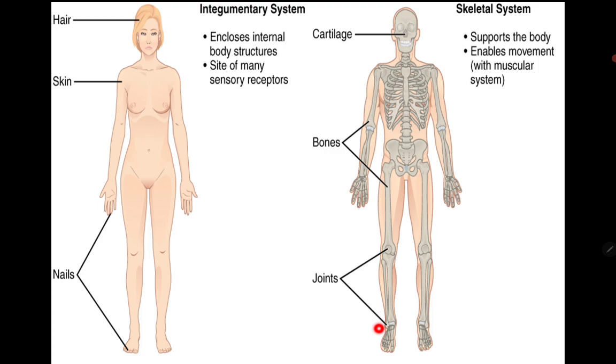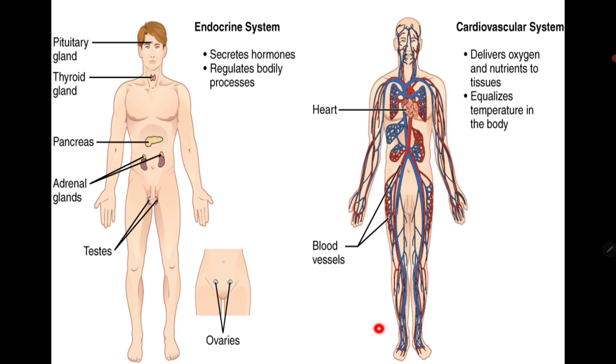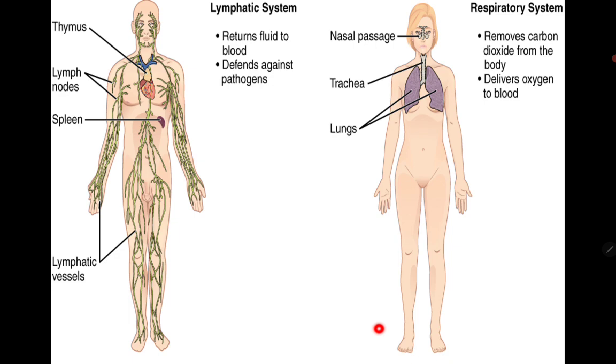Let's take a look at other systems. We have the muscular and the nervous system. Next, we have the endocrine system, the cardiovascular system, the lymphatic system.